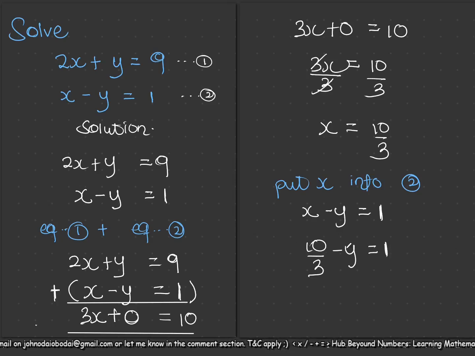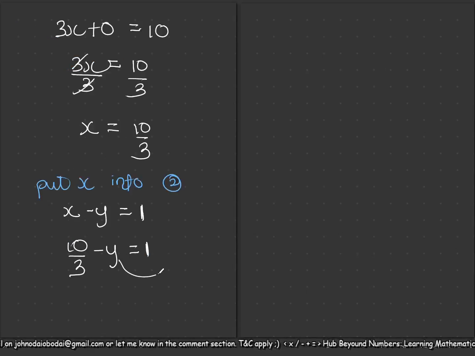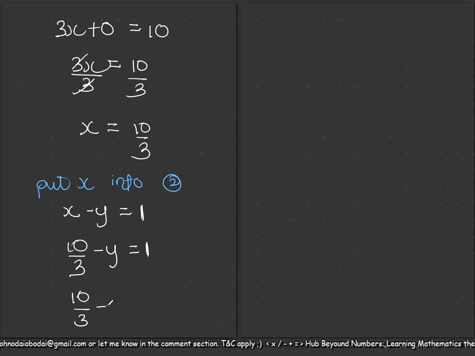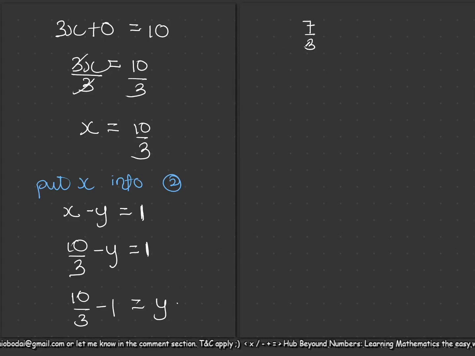Now we want to make y the subject, you see. So in making y the subject, I can take y to the right hand side and then bring my negative 1 to the left hand side. So that we have 10 over 3 minus 1 is equal to y. Simplifying, we have 10 over 3 minus 1 giving us 7 over 3.